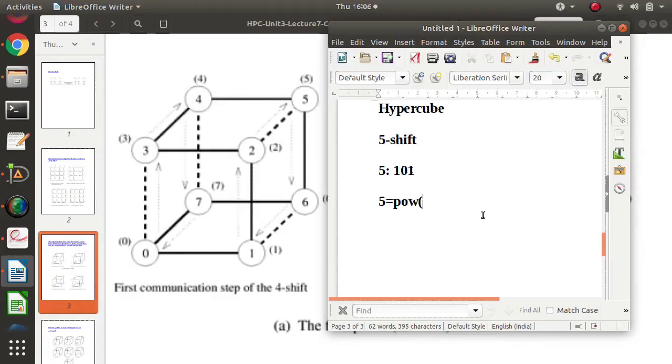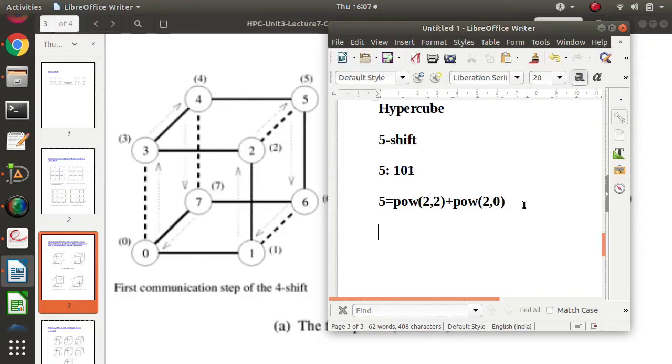First 2 to the power 2, right? Plus 2 to the power 2, then the second digit is 0, so no need to write that. Then we write 2 to the power 0, because here it is 1, so we have to write that term. Here it is also 1, so we need to write that term. 0, so no need to write that term. So 5 can be written as 2 to the power 2 plus 2 to the power 0.